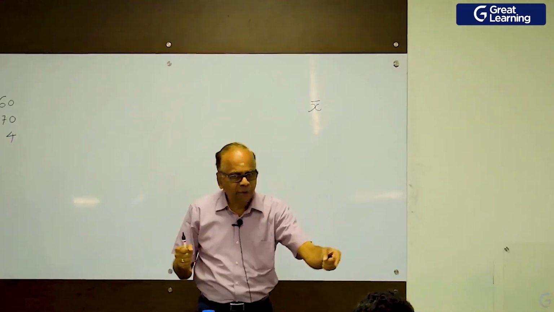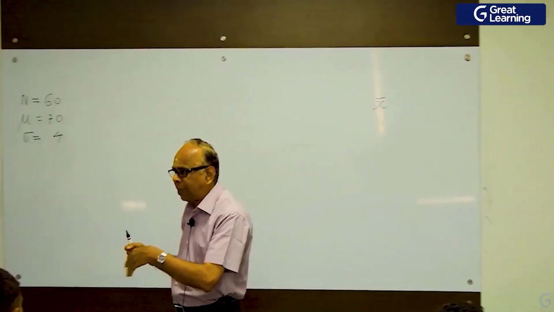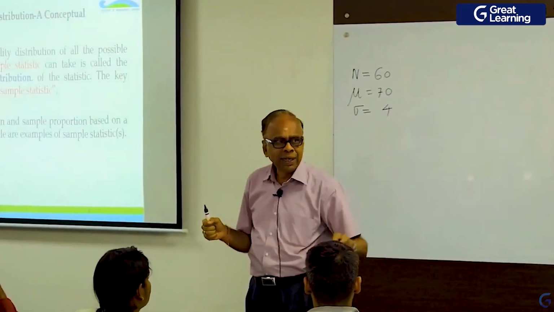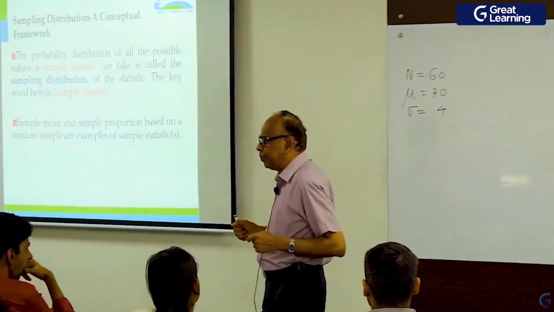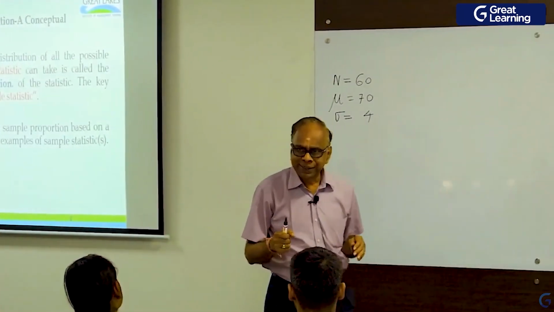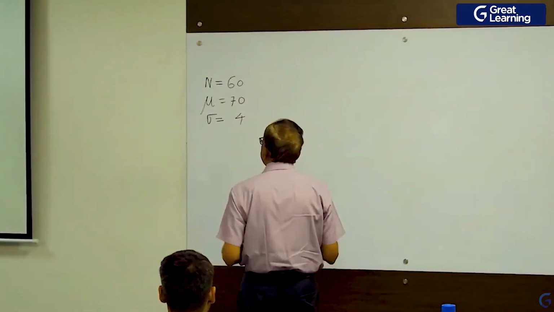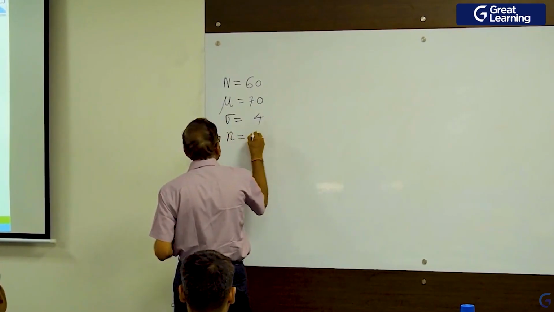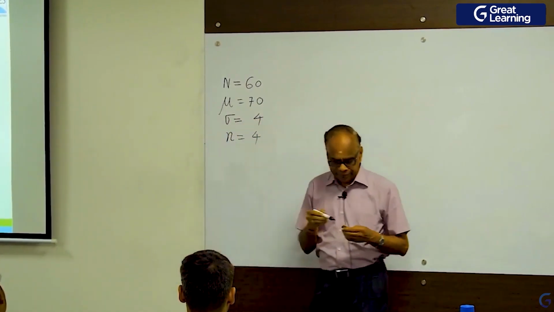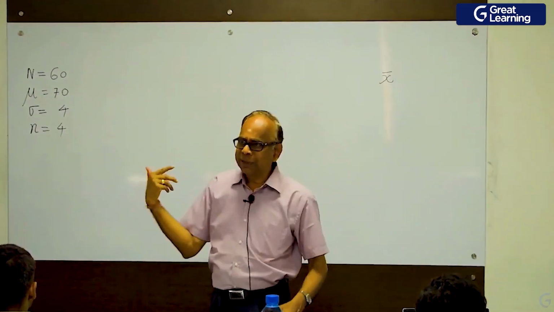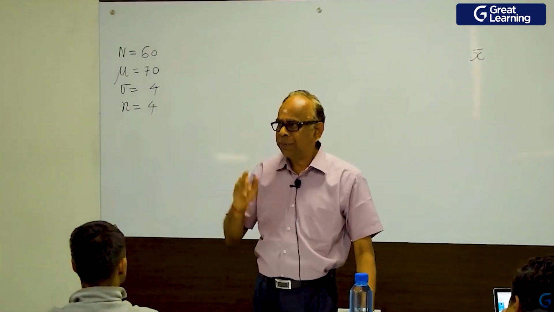Because 1, 2, 3, 4, there is another 1, 2, 3, 4 I can generate, let's say without replacement or with replacement, it doesn't matter, but I keep on generating. There are NCn combinations when I use without replacement, with n equal to 4. In other words, the sample size is 4, and I pick from these 60. Without replacement it is NCn, with replacement it is N power n.